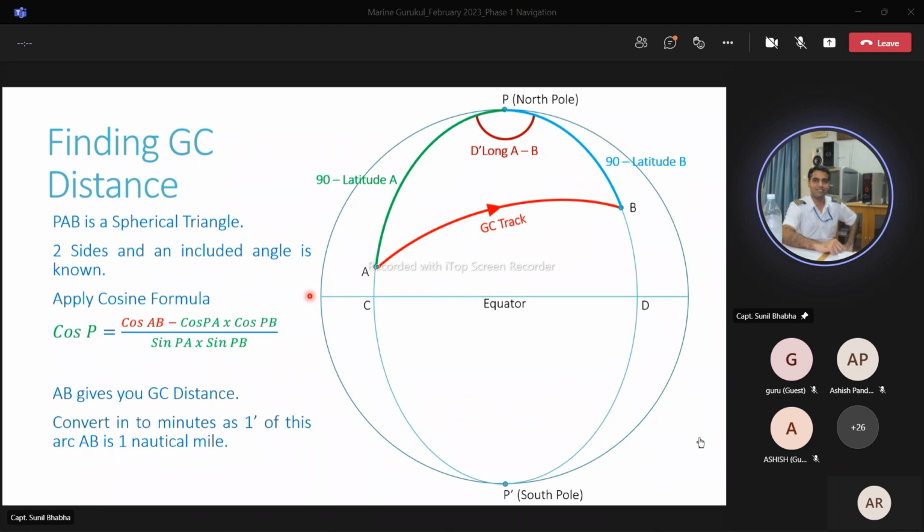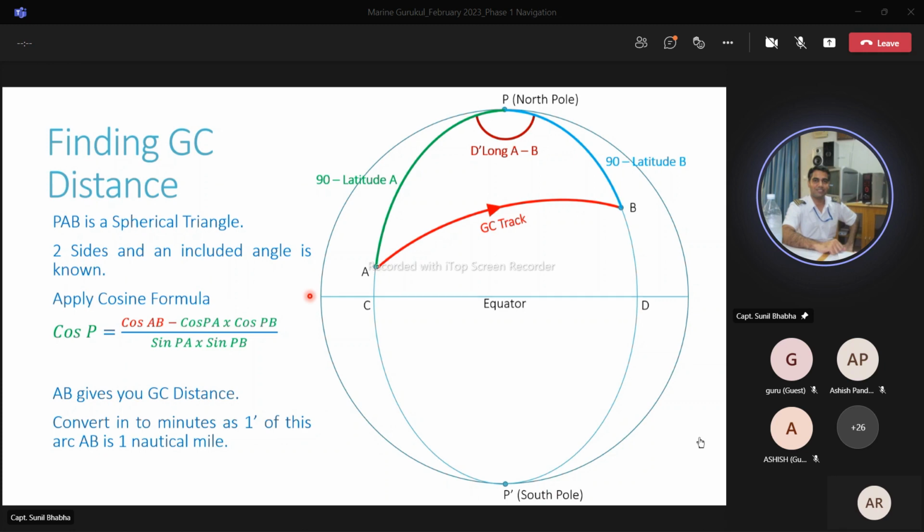So from the calculator, when you apply the cosine formula, the calculator is going to give you the value of AB in degrees and minutes or decimal of a minute. We have to convert it into whole minutes. So very easy to do that. Whatever number of degrees is there in the answer, multiply it by 60. It gives you the number of minutes. Add the number of minutes along with the degrees and you get the side AB in minutes.